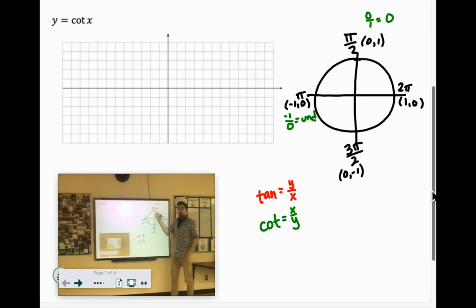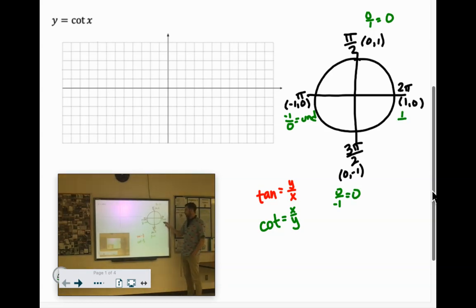So at pi over 2, it's 0. At pi, it's undefined. Guess what it's going to be at 3 pi over 2? It's going to be 0 again, because we're going to have 0 divided by negative 1, which is 0. And then at 2 pi, it's going to be undefined again, because it'll be 1 divided by 0, which is undefined.